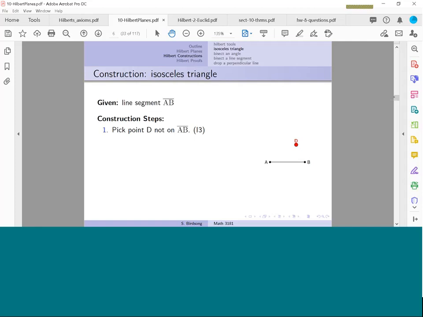Now, does this incidence axiom guarantee that point D will get you to an isosceles triangle if you go ahead and find those lines AD and BD? What do you guys think? With that point D, how we found it in the geometry, are we guaranteed that now this triangle ABD is isosceles?